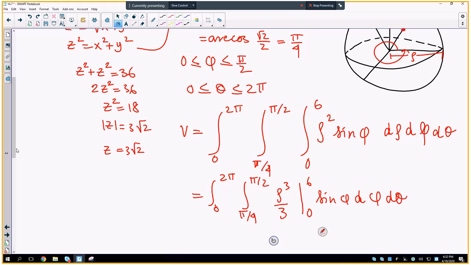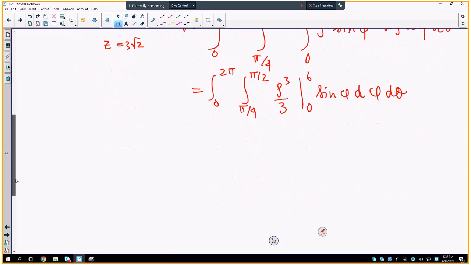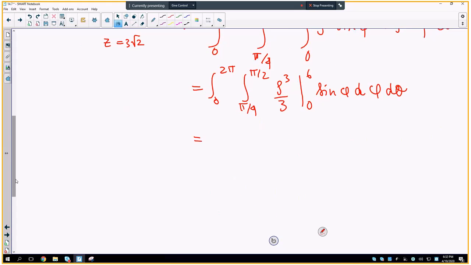I'm going to put the value 6 in there. 6 to the power 3 is 216, and when I divide 216 by 3, I get 72. So this entire thing is a constant. You can take it out, and I just have sine phi, d theta.